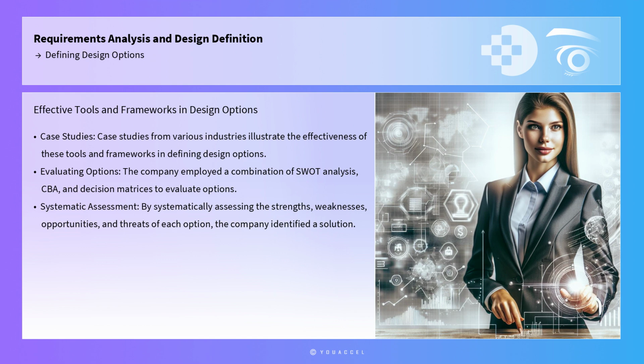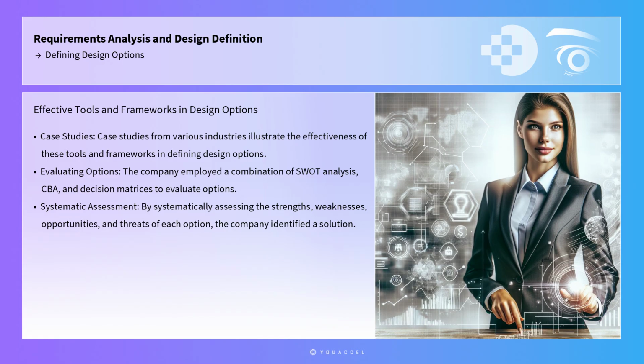Case studies from various industries illustrate the effectiveness of these tools and frameworks in defining design options. Consider a telecommunications company facing declining customer satisfaction due to outdated infrastructure. The company employed a combination of SWOT analysis, CBA, and decision matrices to evaluate options, including upgrading existing infrastructure, partnering with third-party service providers, or investing in cutting-edge technology.